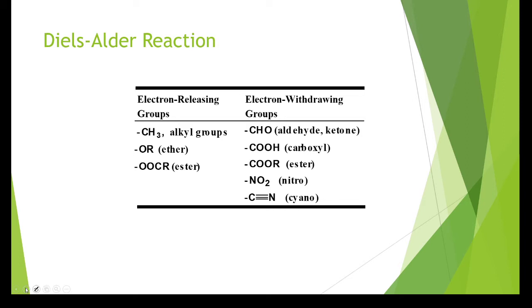Something that's going to have a good inductive effect, something at the double bonded O or the triple bonded N, something that is going to pull those electrons along. Good electron releasing groups: an ester bonded through the oxygen and not the carbon, an ether, and any alkyl group. So I want these on my diene. I want the withdrawing groups on my dienophile.